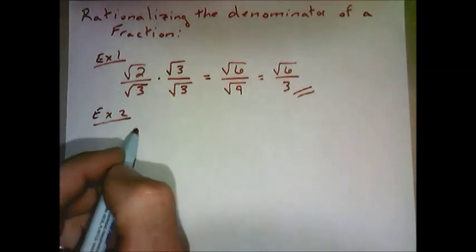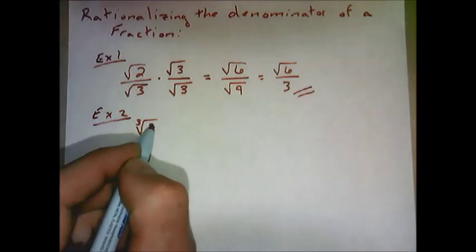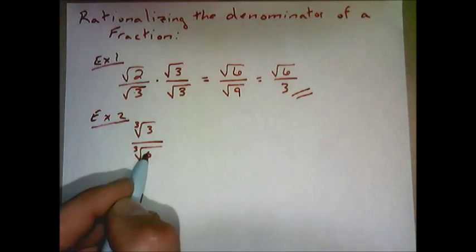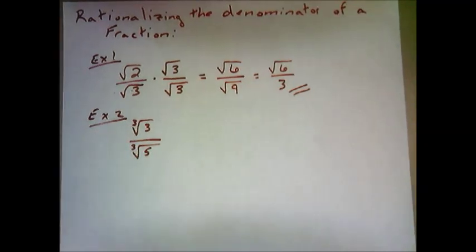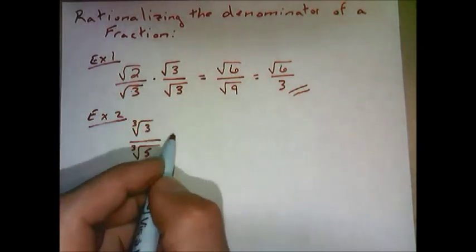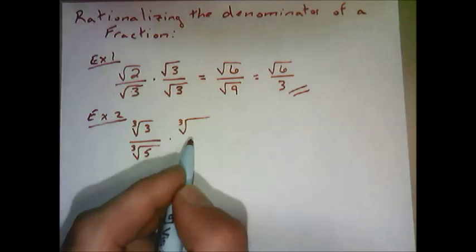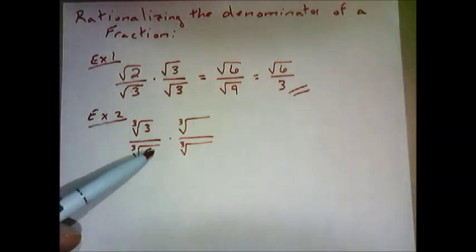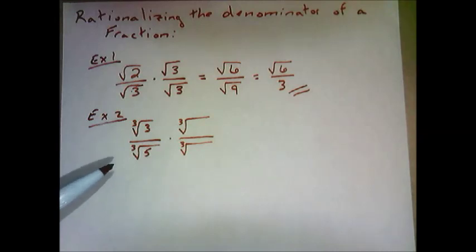Now in example 2, let's go ahead and change that index. Let's say we have the third root of 3 divided by the third root of 5. Notice again, we cannot reduce those radicands at all. So we're going to go right into our multiplication of a fraction so that we get rid of this radical in our denominator.